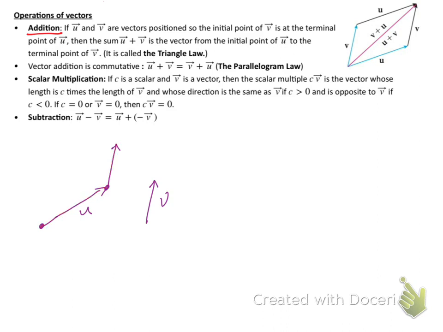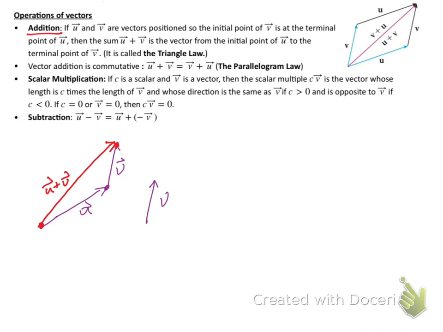Actually, I went from this point to this point. Then what I actually do is from this point to this point. That's my U plus V. And this is the triangle law, which means U plus V, you just put U there and then you put V on the other side. You connect the third side. That's your triangle. And the third side is the sum.